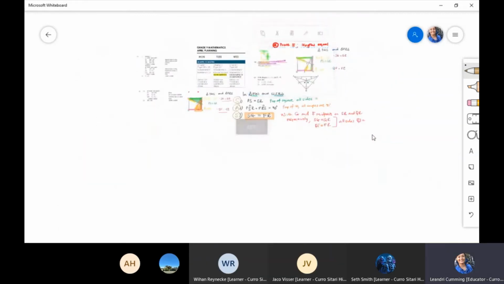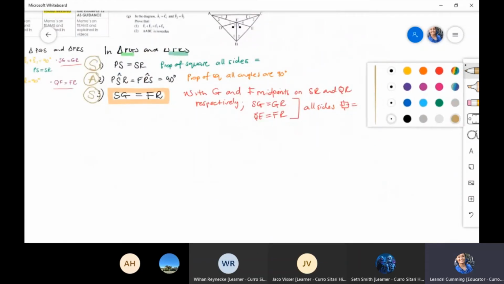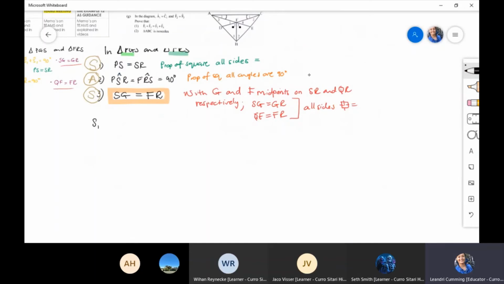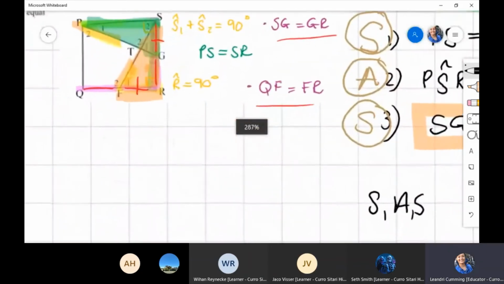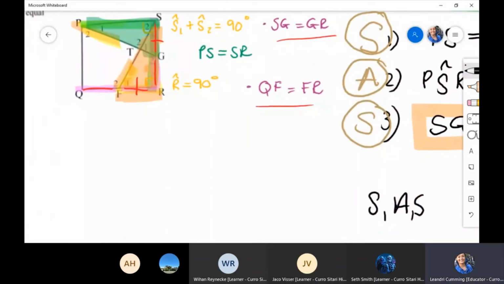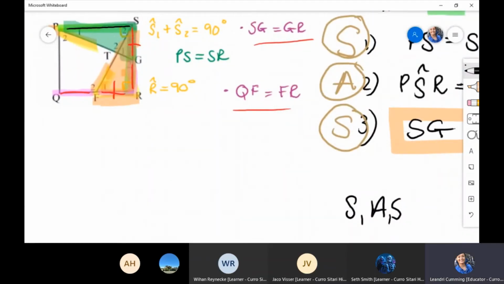Okay, so with your inclusive angle, you are working with side, angle, side. Is this angle inclusive? Let's blow it up and see. I've proven that this length is equal to this length.